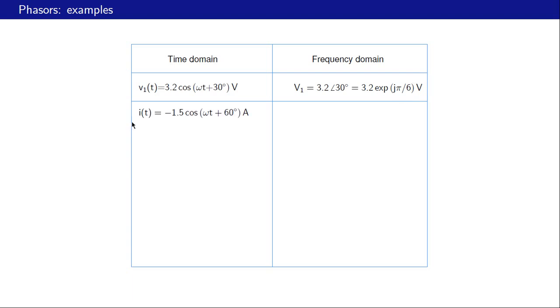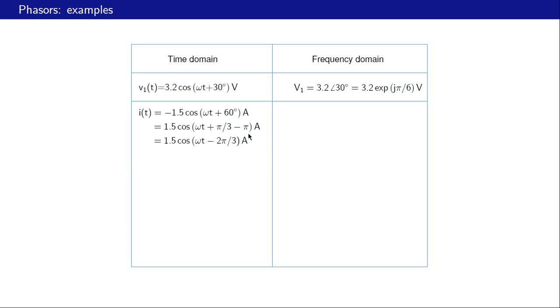Another example, I of t is minus 1.5 cos(omega t plus 60 degrees). Now it is not quite in the form that we would like, because we have this minus sign over here. So let us rewrite this expression as 1.5 cos(omega t plus pi by 3, that is 60 degrees, minus pi).